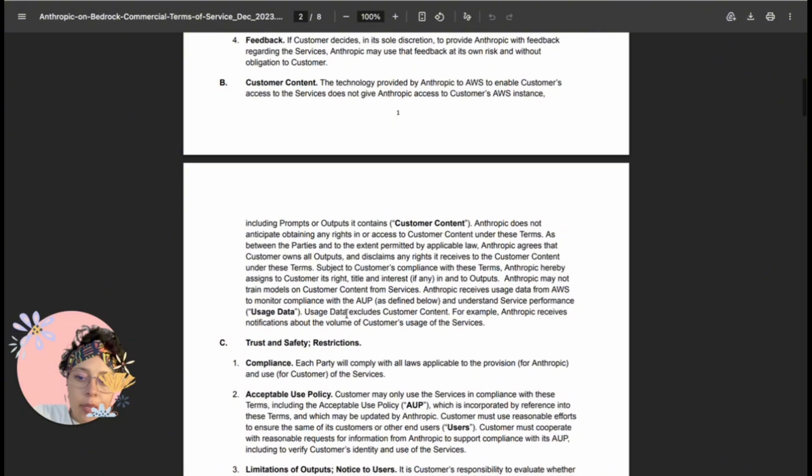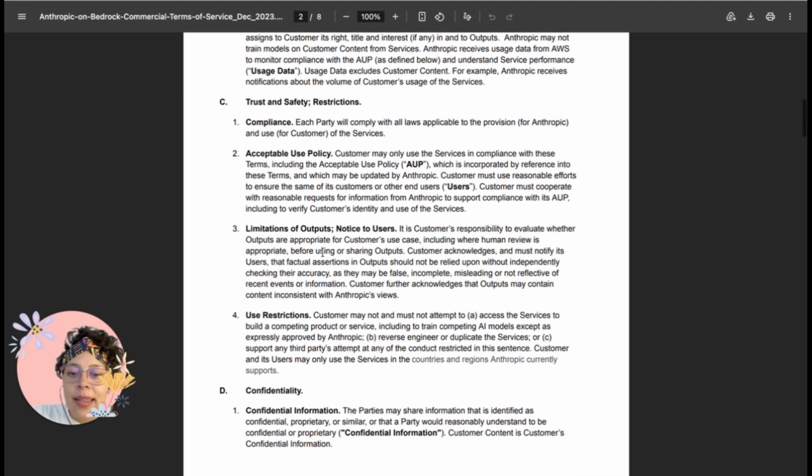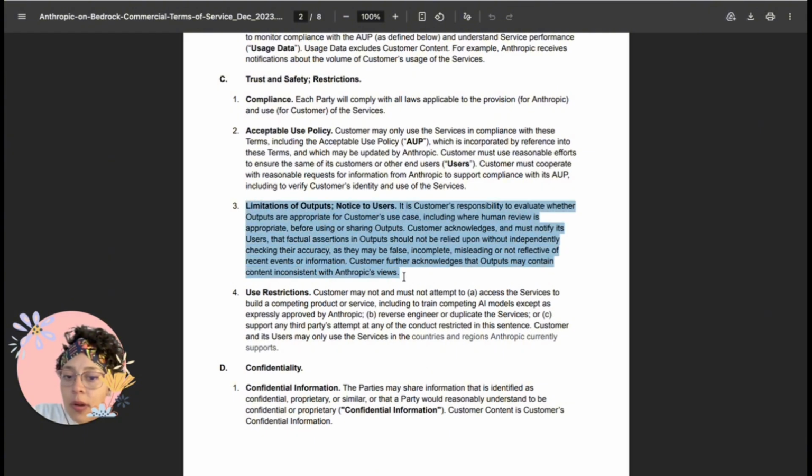And here you can see all the terms that say what your responsibilities are, etc. But to make one example, limitations of outputs. Here they mention that it is the customer's responsibility.